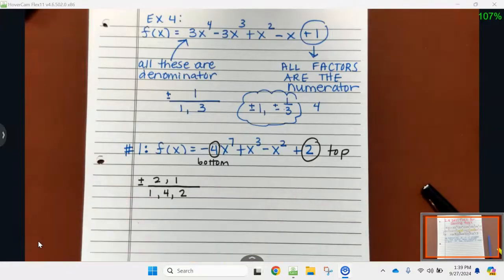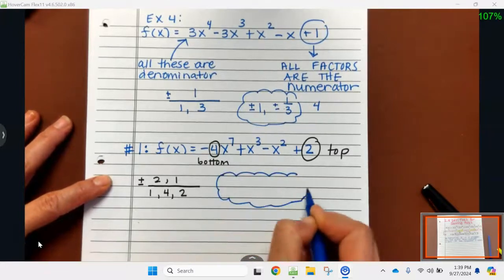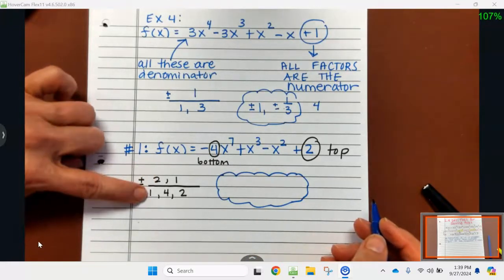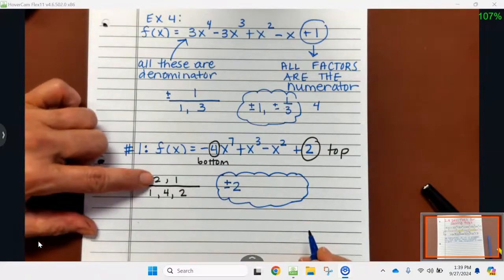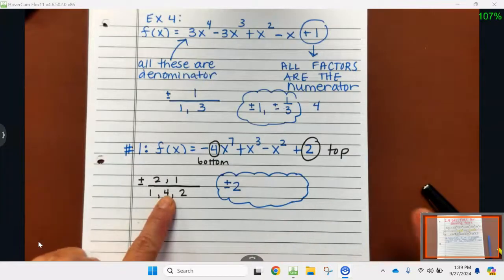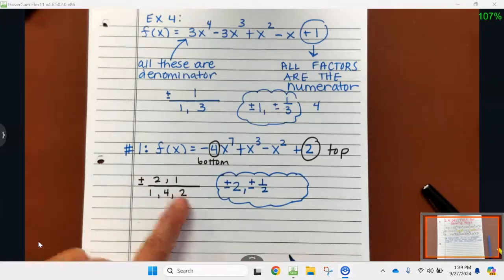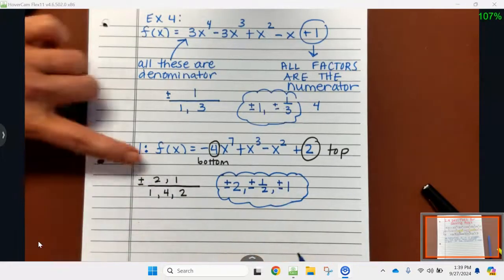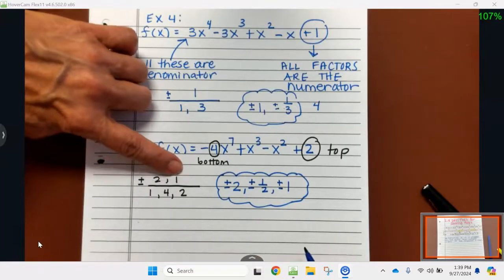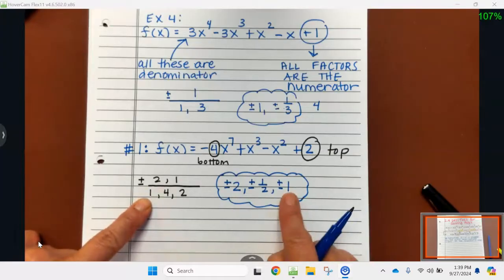All right, let's analyze these combos. So in my answer bank, let's see how many we're going to come up with. 2 divided by 1 is 2, so we're going to have positive and negative 2. 2 divided by 4 is 1/2, so positive and negative 1/2. 2 divided by 2 is 1, so positive and negative 1. Now let's analyze this top number right here, this 1. 1 divided by 1 is 1. We already have that, so you don't write any repeats at all.